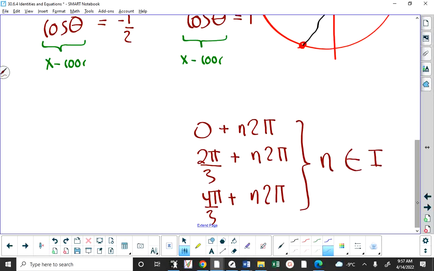And by the way, for the 0, you don't need 0, right? You could just put 2 pi n or 2n pi or n2 pi.